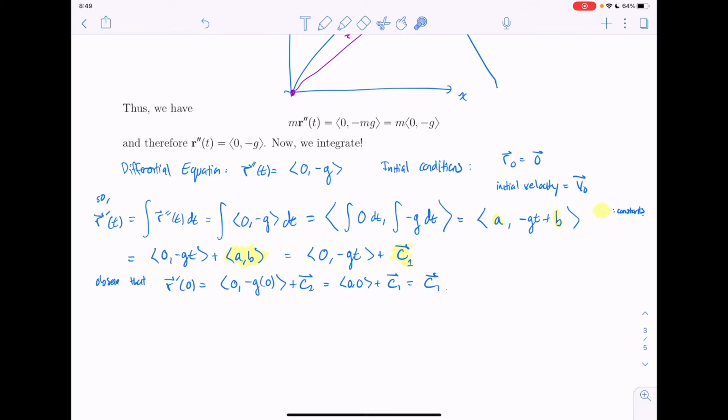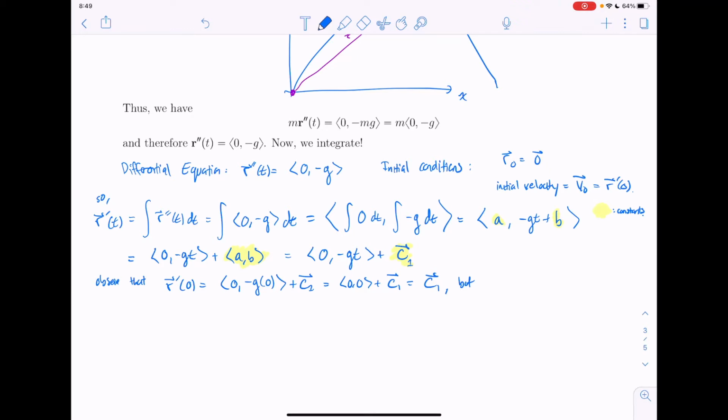So if I evaluate this equality for r prime at 0, I'm getting just c1. But we also know that r prime of 0, that's literally the initial velocity. That's the same as what we had up here.